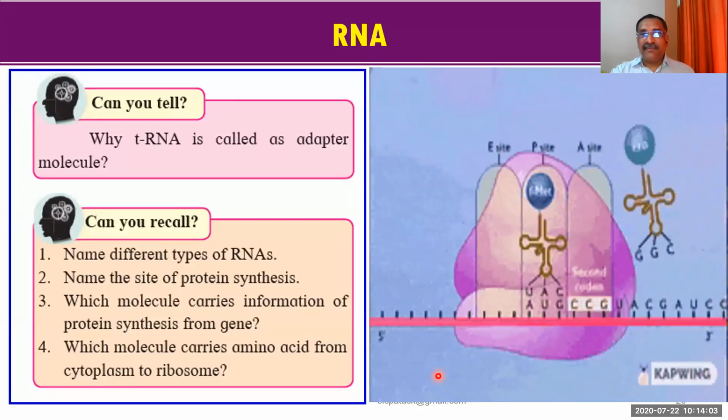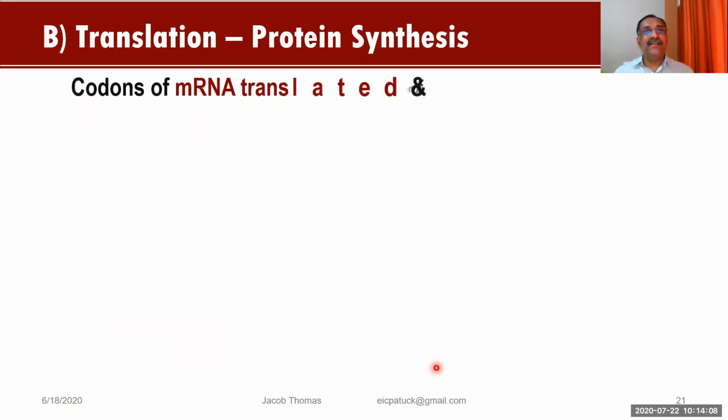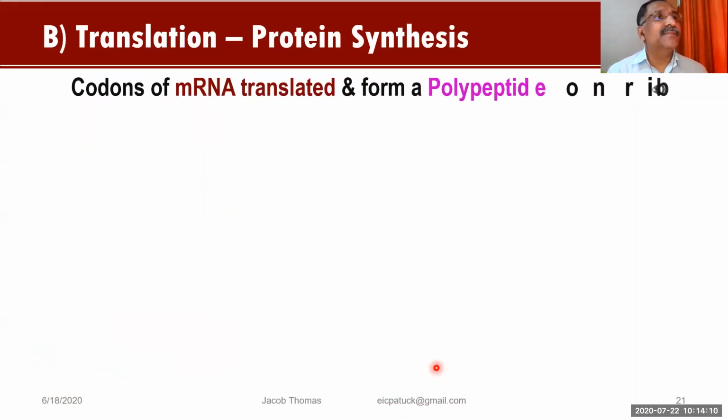Now let me see what is there in the next slide. Next slide, we have to talk about the translation, that is the mechanism of protein synthesis. I don't want to go into that right now. Tomorrow we will start the second part of the mechanism of protein synthesis. Please remember that in chapter number 4, section 5, we are studying protein synthesis.